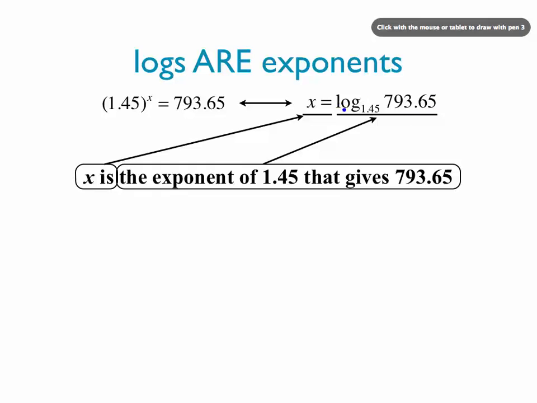When you see a log, you think of it as what this phrase says: the exponent of whatever the base number is that gives whatever the number on the right is. The language we use is the log base 1.45 of 793.65, but the meaning is the critical part.